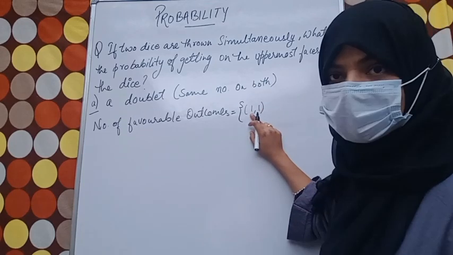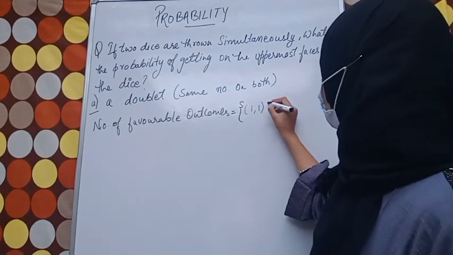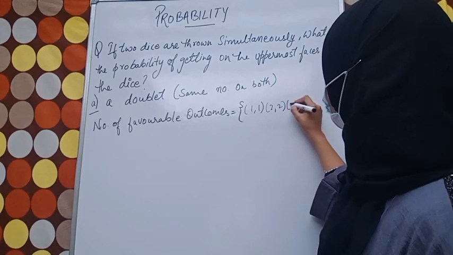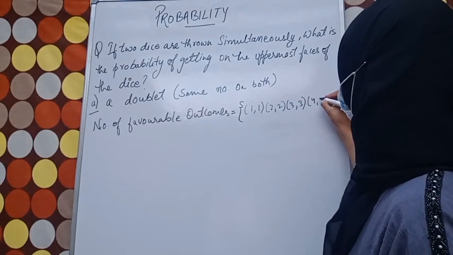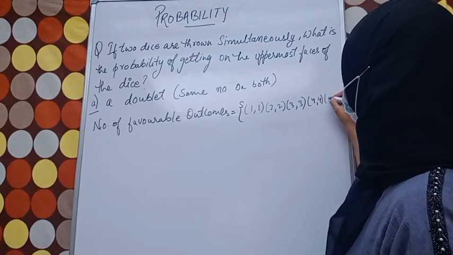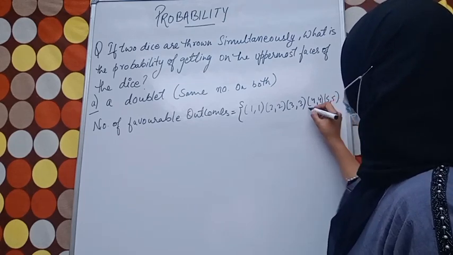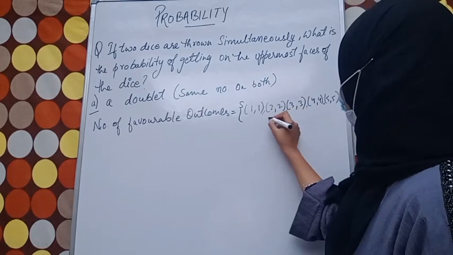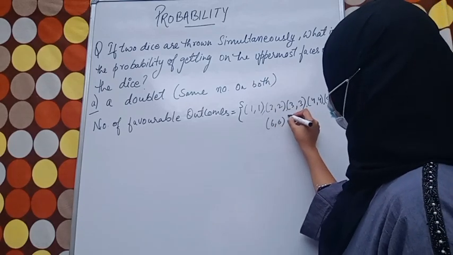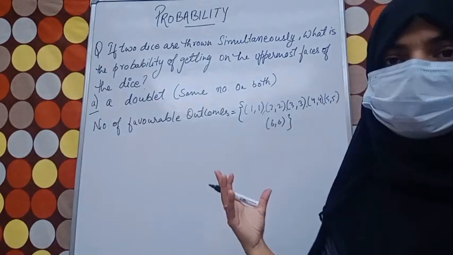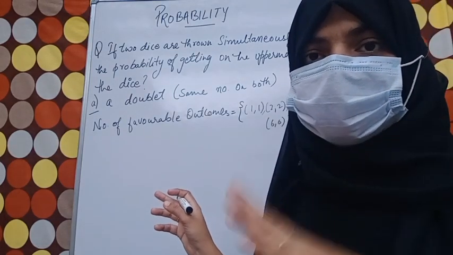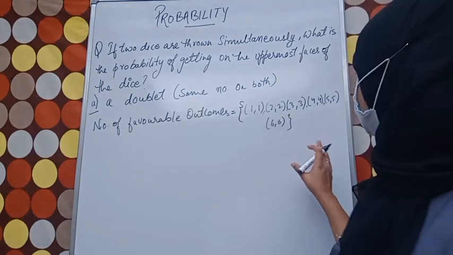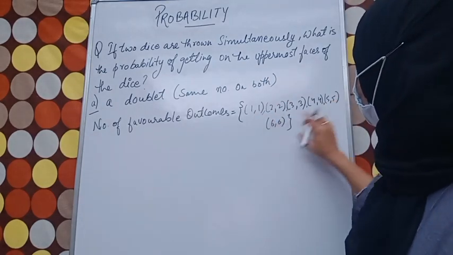This is dice 1, this is dice 2. 2, 2. 3, 3. 4, 4. 5, 5. And 6, 6. Why can we not go more than 6? Because the dice goes from 1 to 6 only. So these are 1, 2, 3, 4, 5, 6.